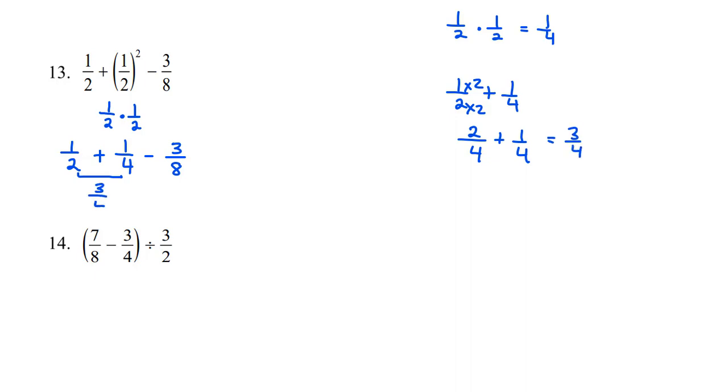So I will have 3/4 minus 3/8. Again, unlike fractions, so I'm going to change the first fraction to have the common denominator, and that will be 6/8 minus 3/8. And so the result here will be 3/8.